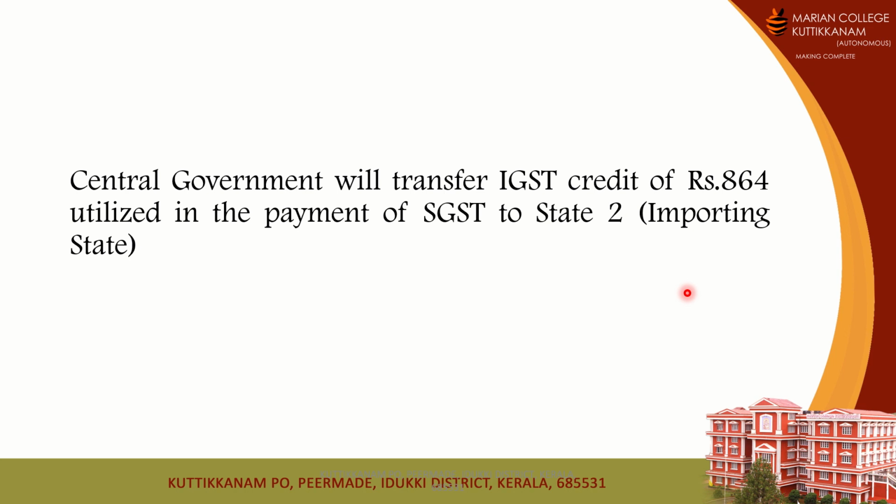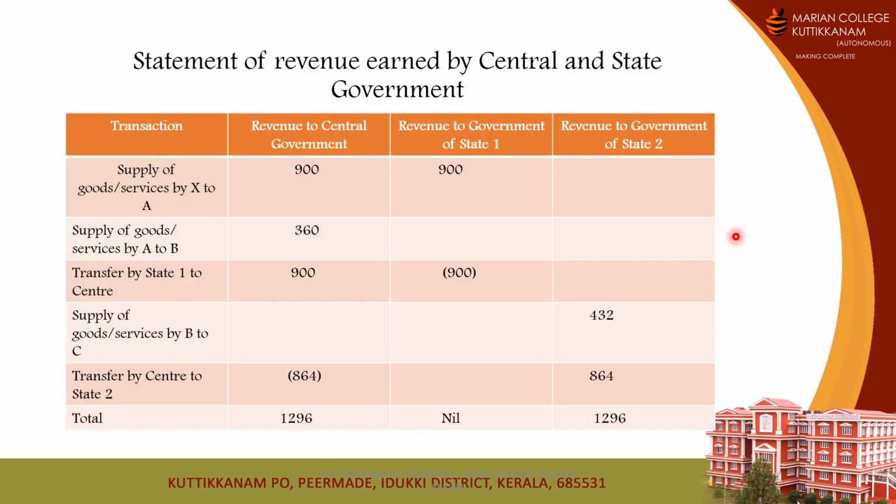So this credit will be received by state 2, which is the importing state. So we have an exporting state as well as an importing state here. So this is a statement of revenue earned by central and state government in this case, where there were three stages of transactions. So the first one was the supply by Mr.